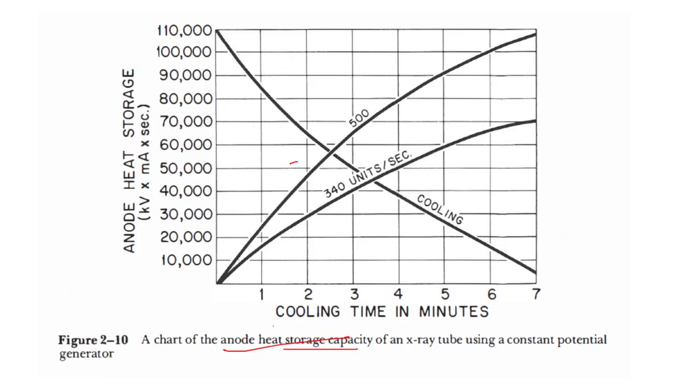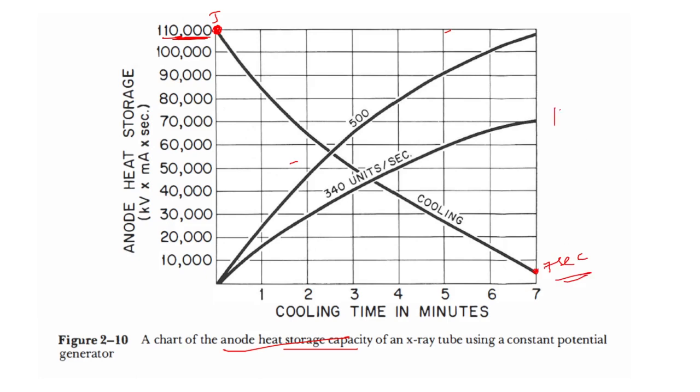According to this, for example, 1,10,000 joules of energy is the maximum. So for cooling an anode with this 1,10,000 joules of energy, it will require at least 7 minutes.